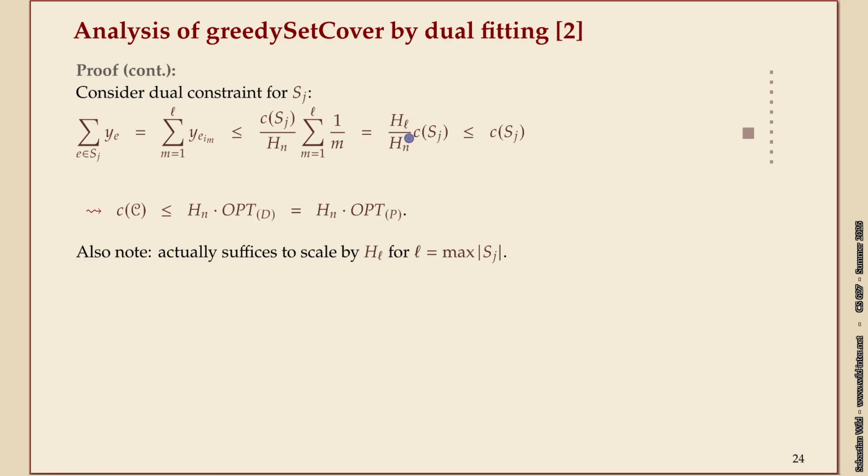That's also true if you pick, instead of n, the largest of all the sets' cardinalities. It's a slight bit better, of course, in the worst case, not that much. But set cover becomes kind of boring if there's a set that covers most of the elements. At least it's often clear whether that set should be part of the solution or not. So maybe there's some beyond worst case analysis that one could do there.